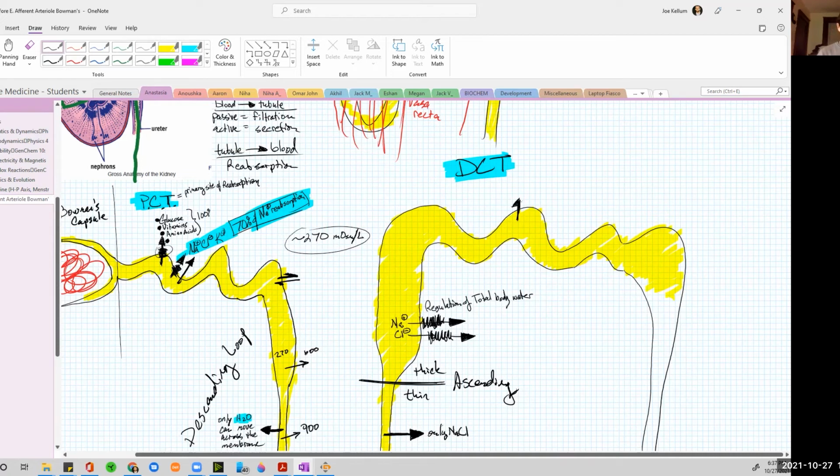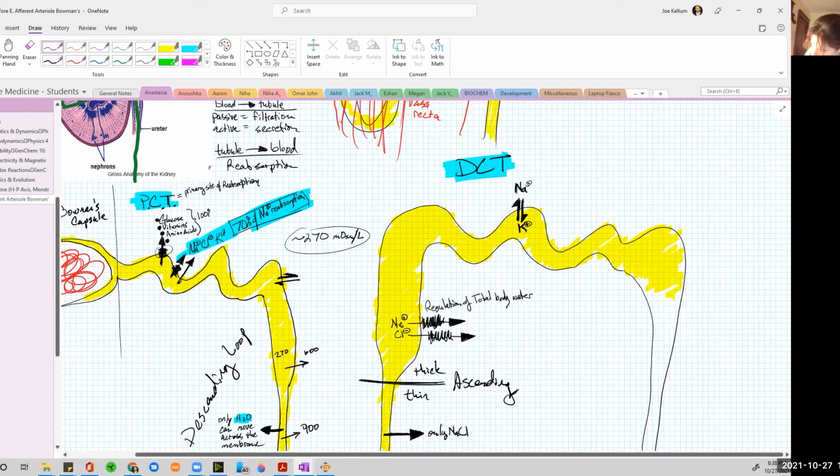So there's this exchange between sodium and potassium in the distal convoluted tubule. They love this. This is high yield. And especially because it's the thing that's regulated by aldosterone. So you've got sodium being reabsorbed. But the way that we are able to do that is by secreting potassium.